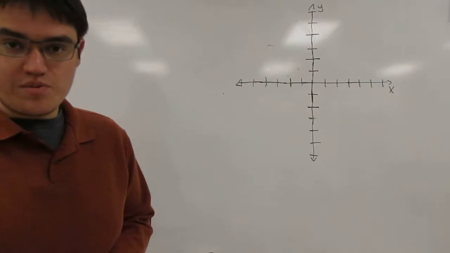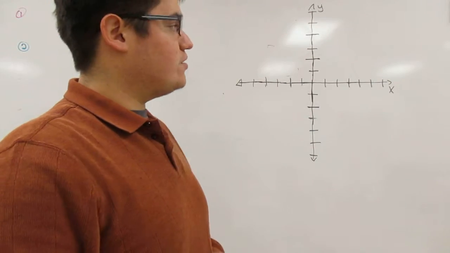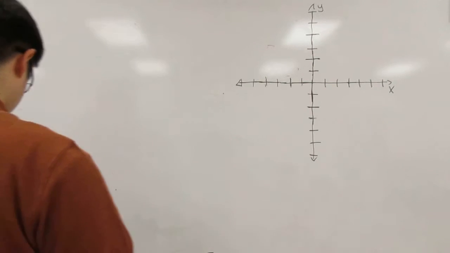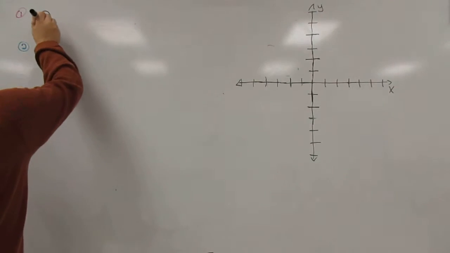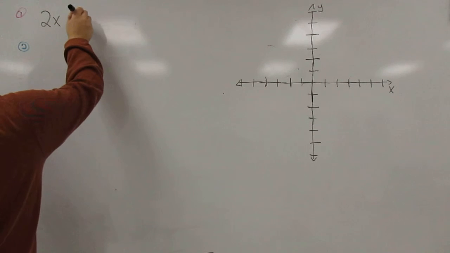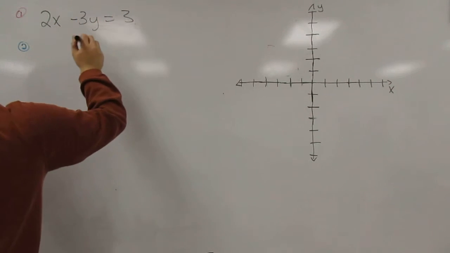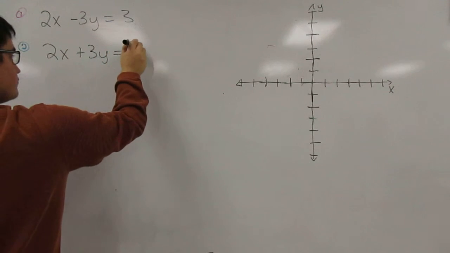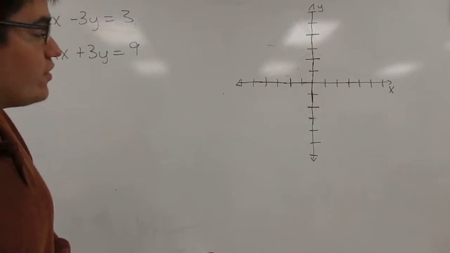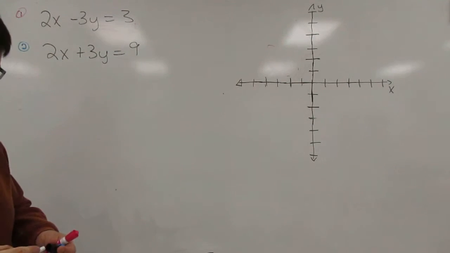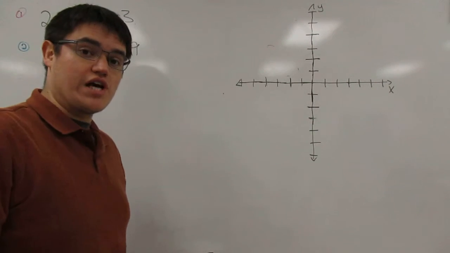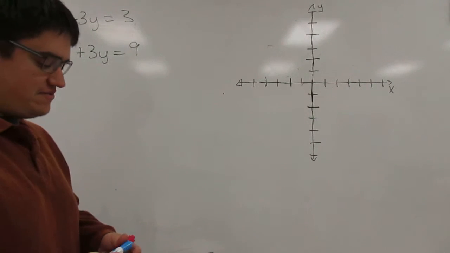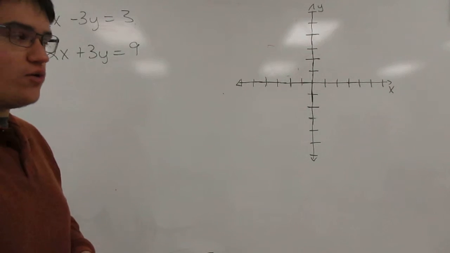I would suggest maybe doing this one by yourself, pausing the video, and then coming back and seeing if you got the right answer. So you have 2x minus 3y equals 3, and 2x plus 3y equals 9. So again, pause the video, try it out yourself, and then come back. Okay, welcome back. Or if you never left, hello.